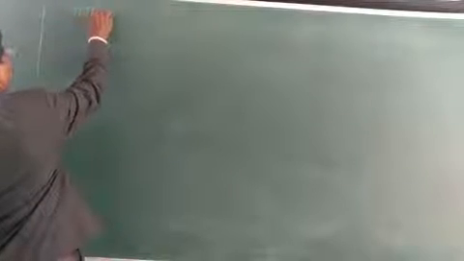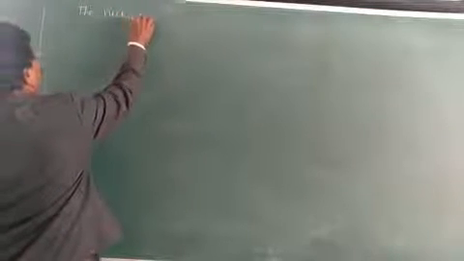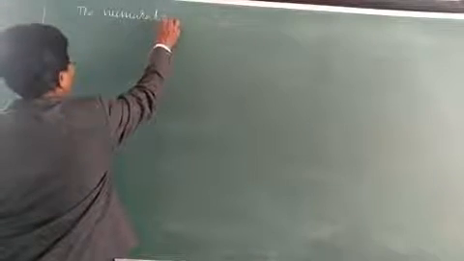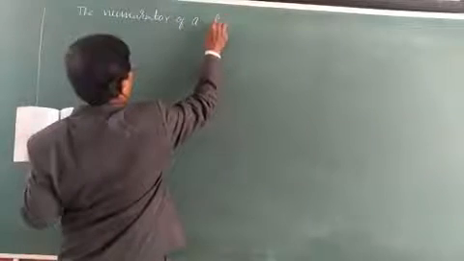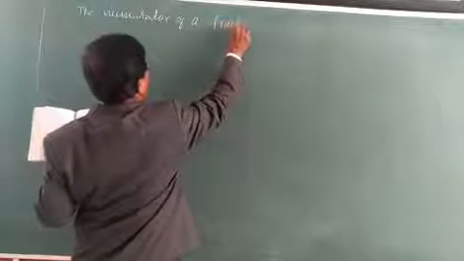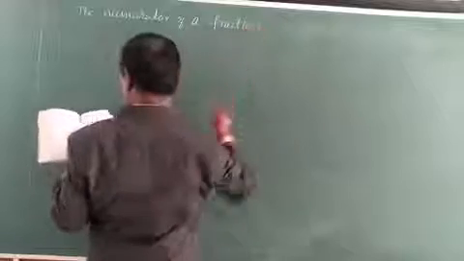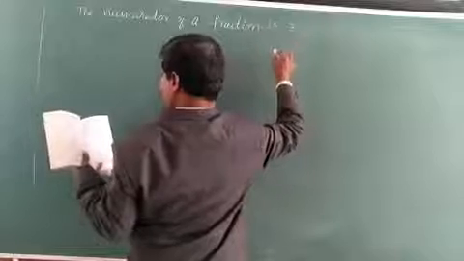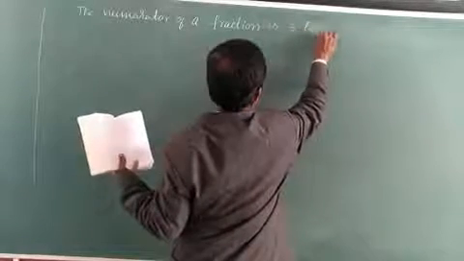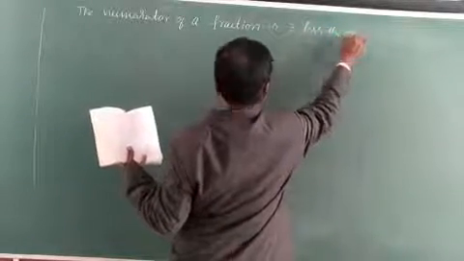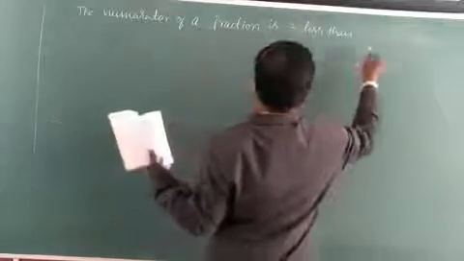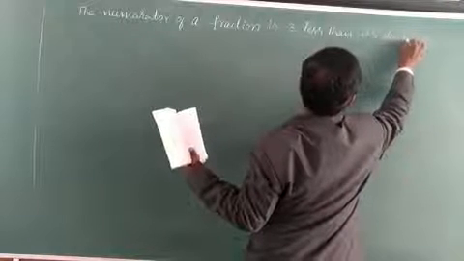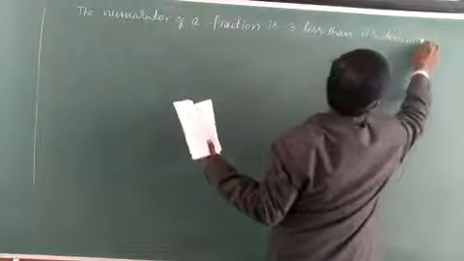The numerator of a fraction is 3 less than its denominator.